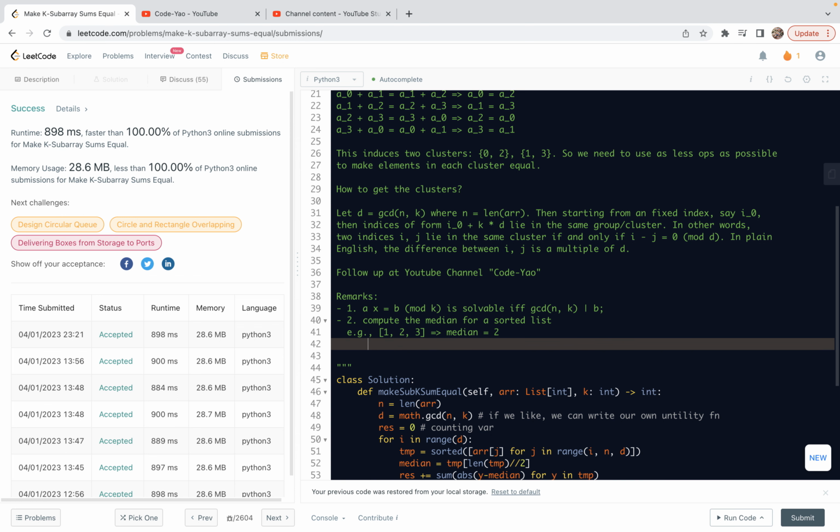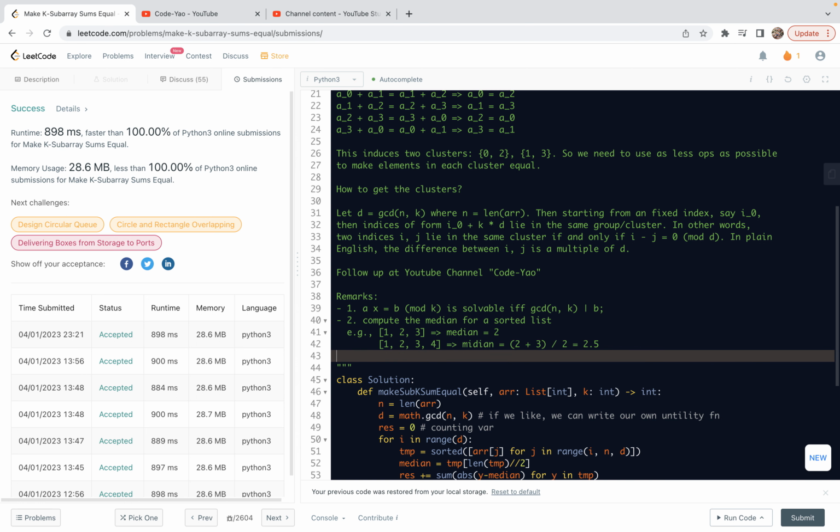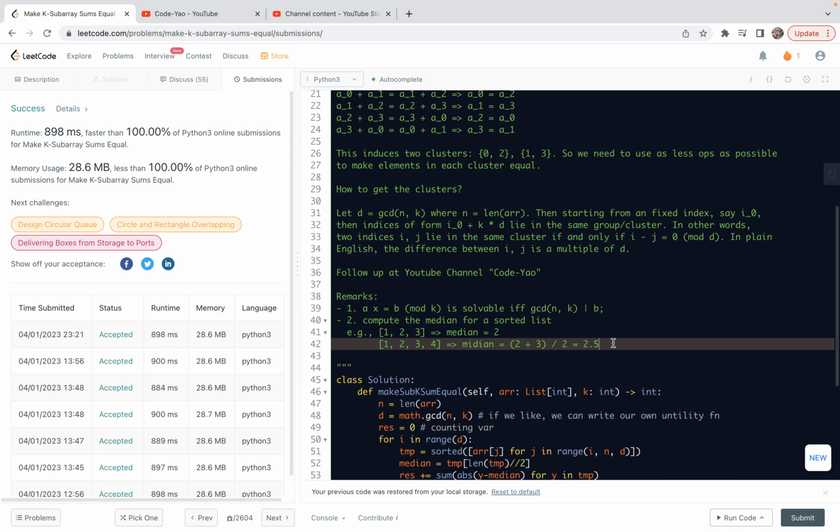Now if we have 1, 2, 3, and 4, the median will be, if we do not consider the integer, 2 plus 3, these two middle elements, then divide by 2, that is 2.5. But in this problem, we need to do some rounding to make it 2 or 3.